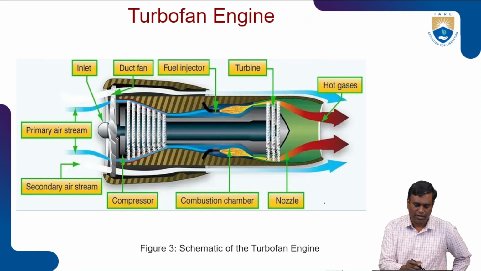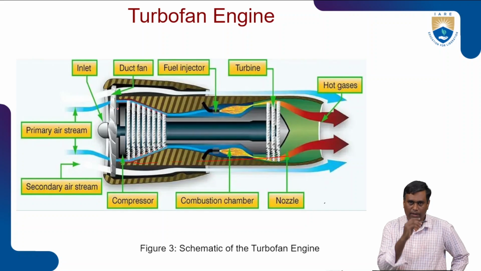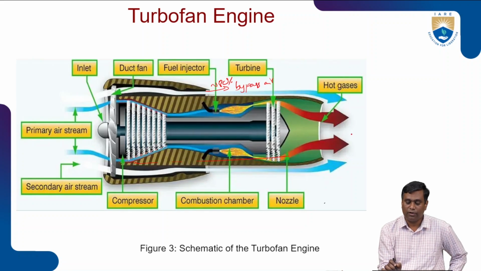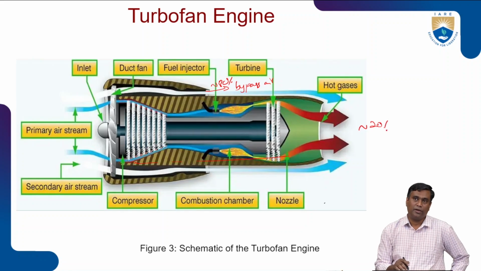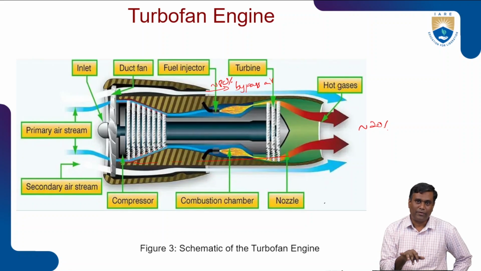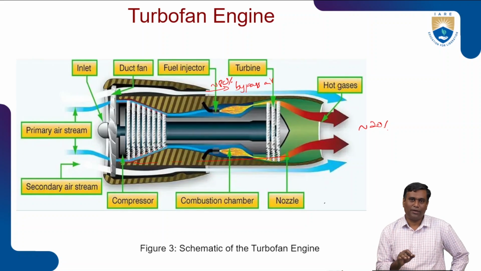In turbofan engines, this is the core engine, and the additional component is the fan. Approximately 80% of the thrust is generated through bypass air, and approximately 20% of thrust is generated from the core jet engine. So 80% of thrust is from bypass air only, and 20% only through the core. But to generate that 80% thrust, the power supplied is only from the core jet engine.